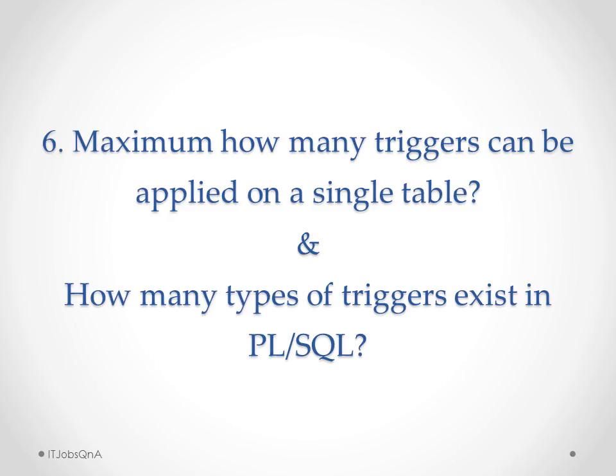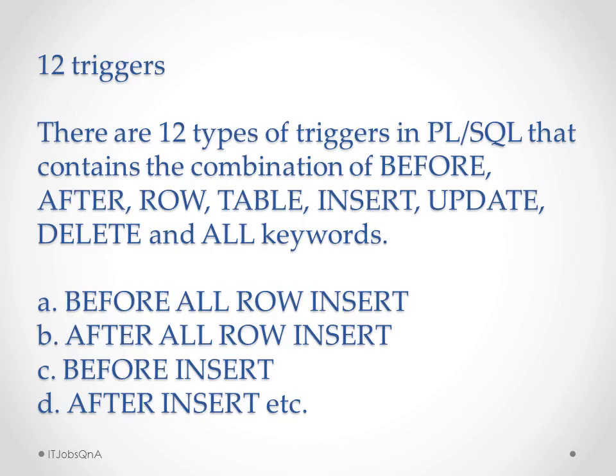The sixth question is, maximum how many triggers can be applied on a single table, and how many types of triggers actually exist in PL/SQL? The answer is we have 12 triggers, and a trigger is a PL/SQL block structure which is fired when a DML statement like insert, delete, update is executed on the database table.